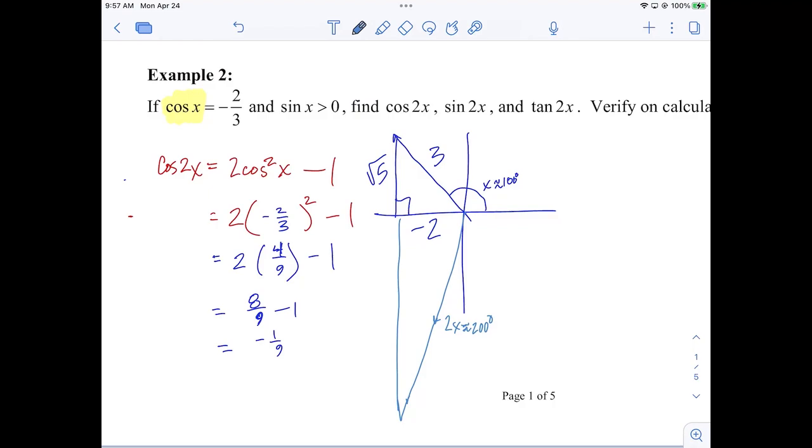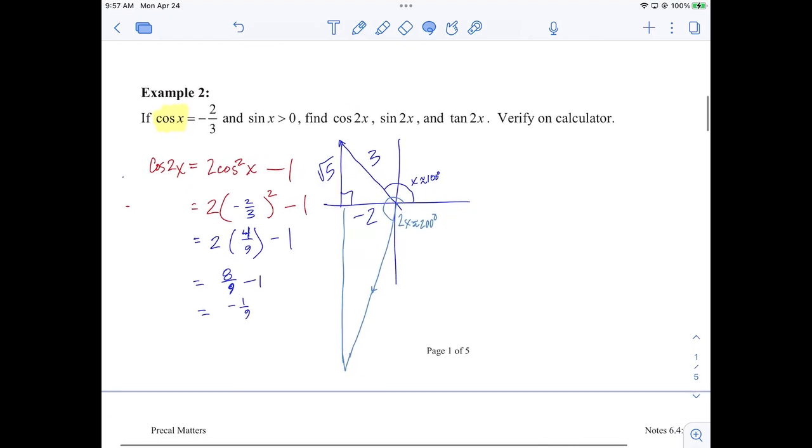It is, right? It's negative 1/9. And we can see that it's negative because it's in quadrant 3. So 2x would be right here. Let me move this around. Our single angle is 100. The double angle would be 200. Everyone good so far?